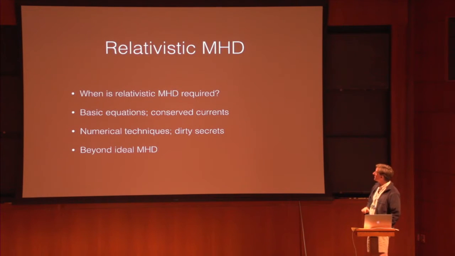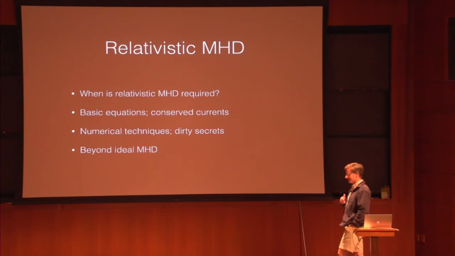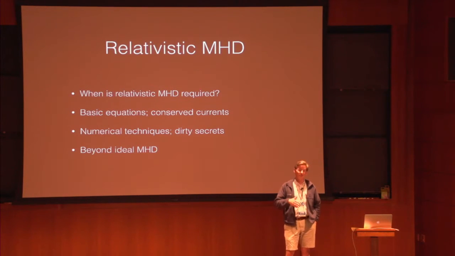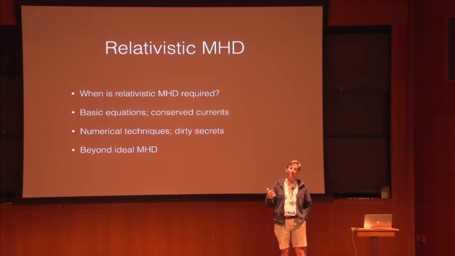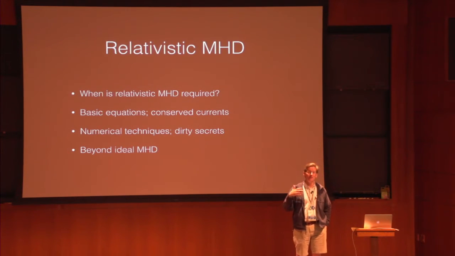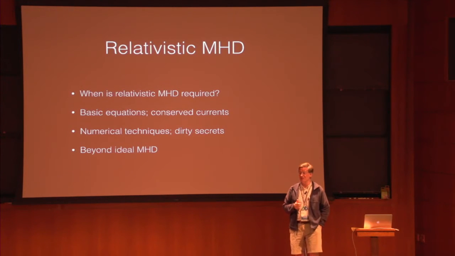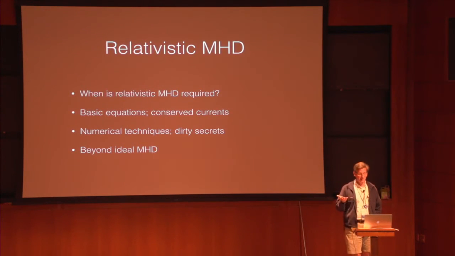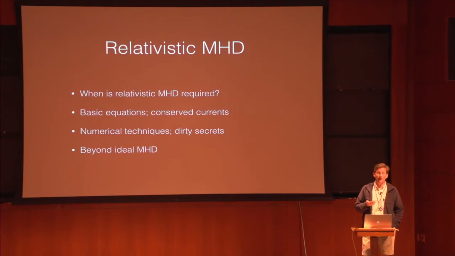Okay, so here's the plan. Talk about when relativistic MHD is required, because if you don't have to do relativistic MHD, so for example, you're working on a black hole accretion problem but you're interested in the disk far from the event horizon, then you shouldn't do relativistic MHD, because it's very expensive. It's factors of 3 to 5 or more expensive than non-relativistic MHD.